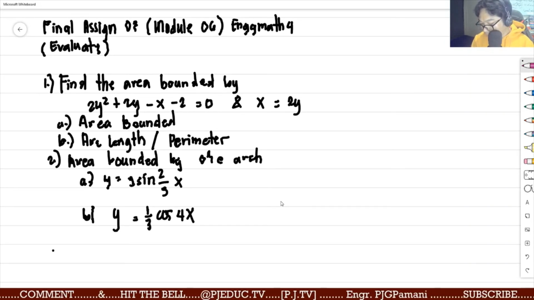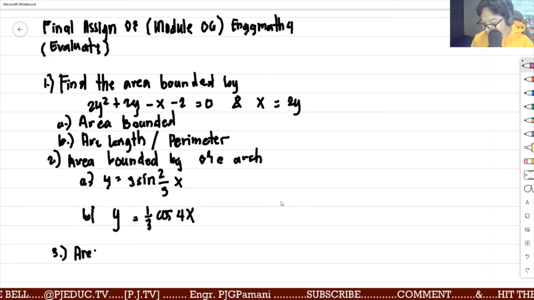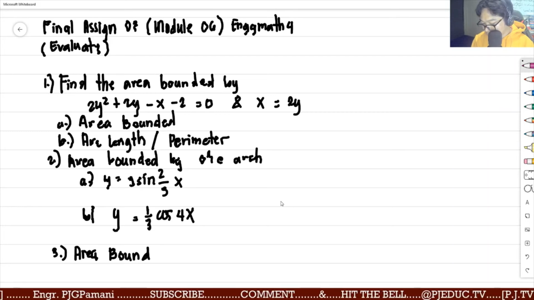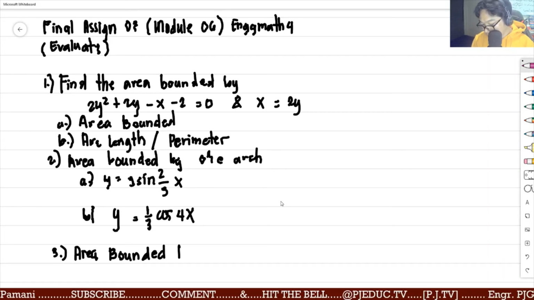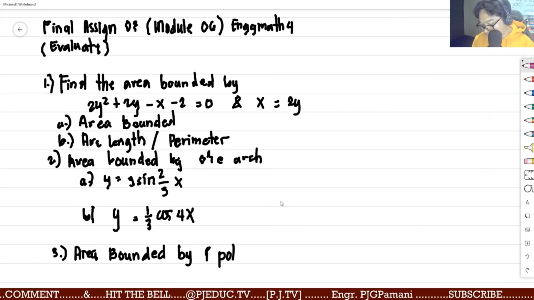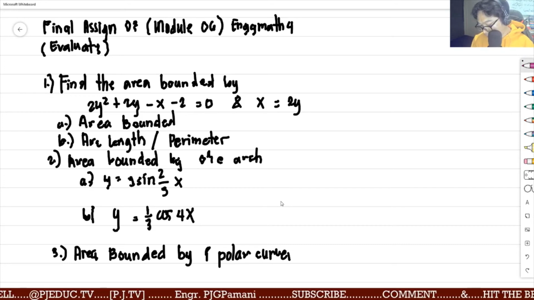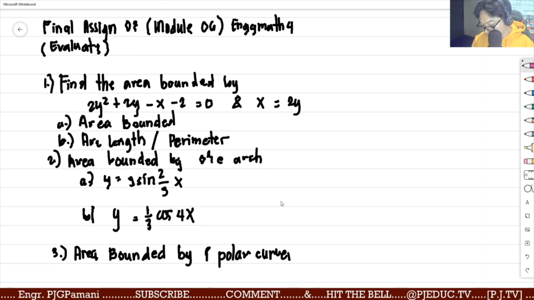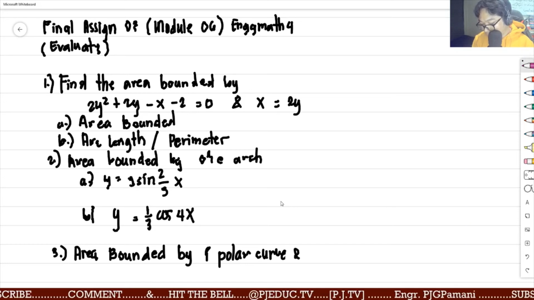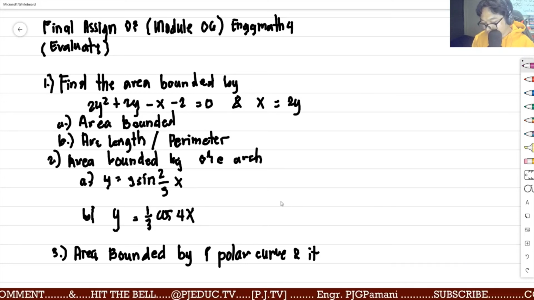And lastly, for number 3, solve for the area bounded by a polar curve and its perimeter.